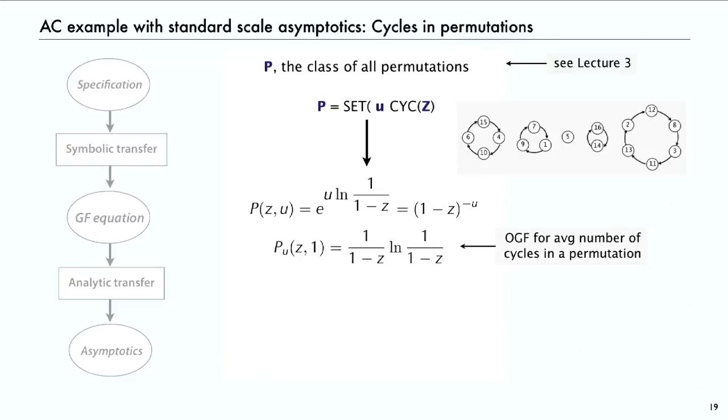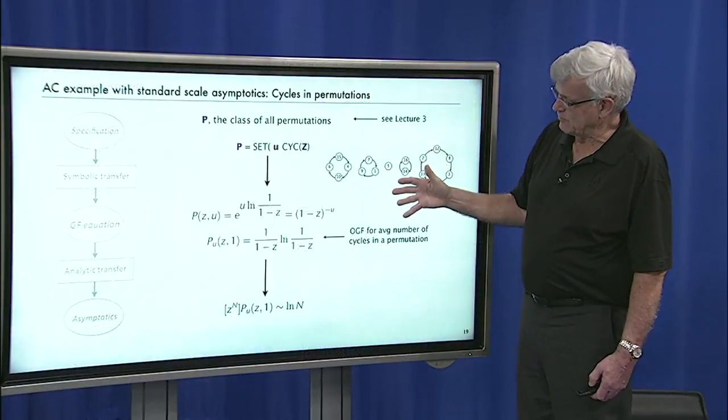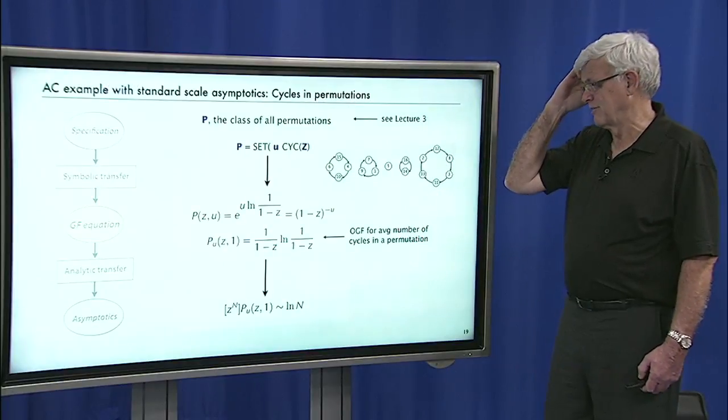Same for cycles and permutations: we looked at them in an earlier lecture and came up with the generating function 1 over 1 minus z log 1 over 1 minus z. Knowing the standard function scale, we can immediately take that to get the coefficient asymptotics log n. No computation needed at all. So it's a general transfer theorem that's useful in lots of applications.